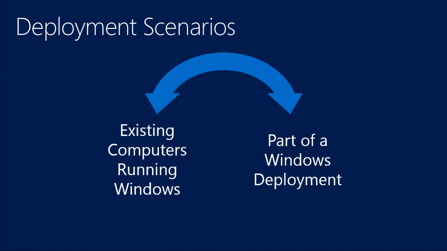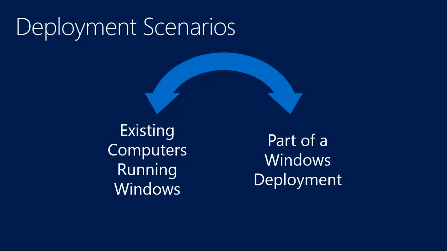One is you may have existing computers running Windows. Internet Explorer is a component of Windows. So you either have existing computers that are running Windows, or you have new computers that are running an upgrade. And you can incorporate Internet Explorer in either of those packages. You can either deploy it out to your existing machines, or you can include it as part of your Windows deployment.